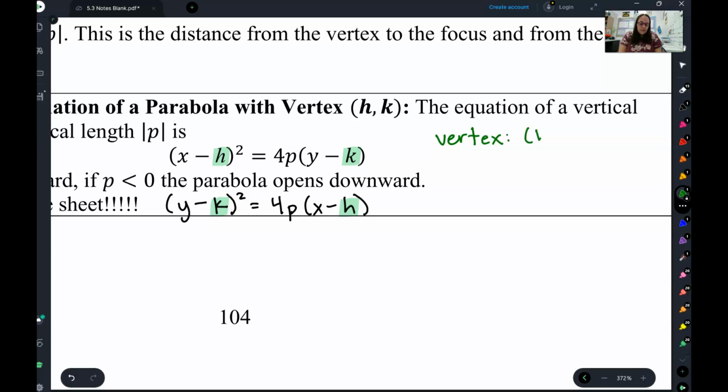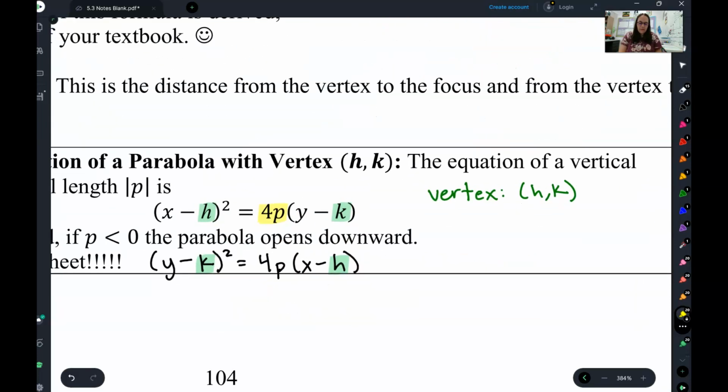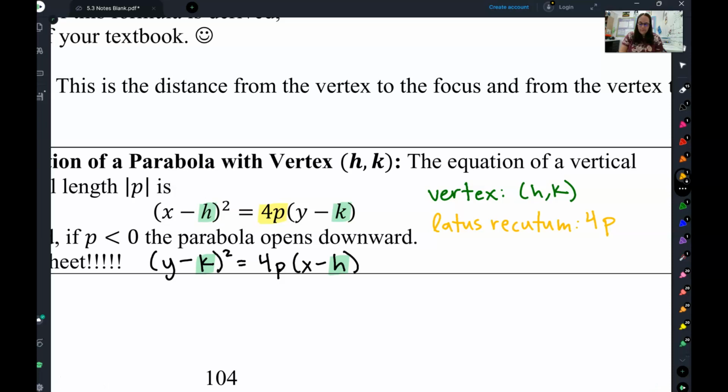So very similar to when we did circles, we take the numbers in here, flip the sign, and that will give you your vertex point. You'll also notice right here, there's my latus rectum. So that 4p, that number in front of those parentheses, that's how wide your latus rectum is.